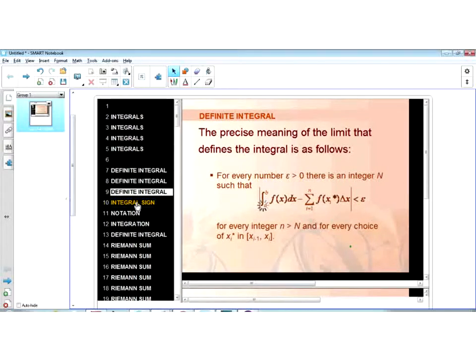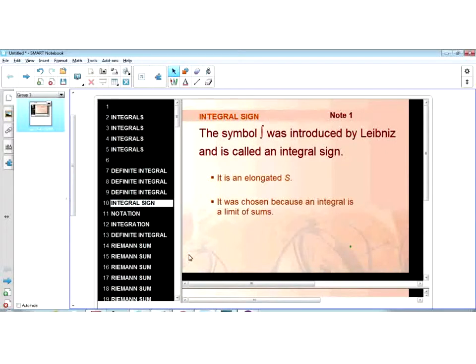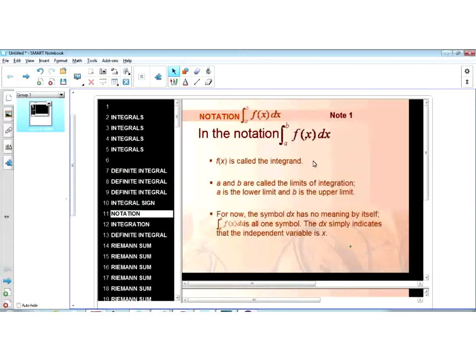The integral sign, this symbol, was introduced by Leibniz and is called the integral sign. It's an elongated S because the integral is the limit of sums. f of x is called the integrand. a and b are called the limits of integration. a is the lower limit, b is the upper limit.